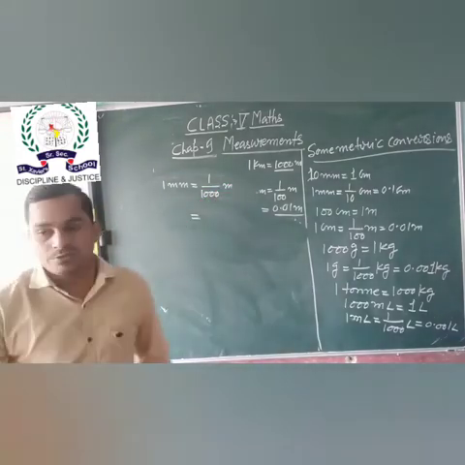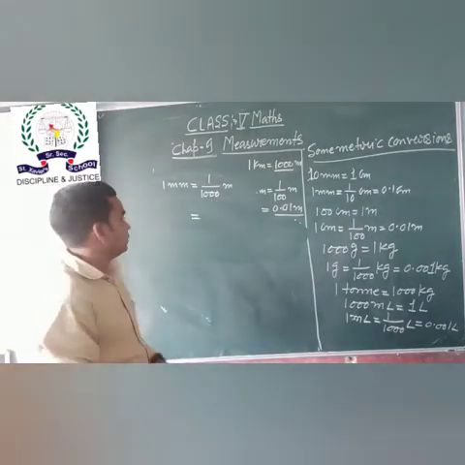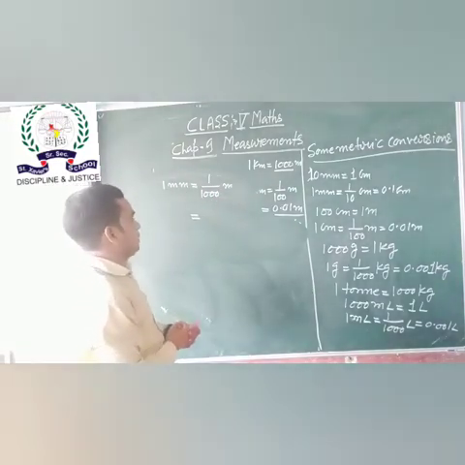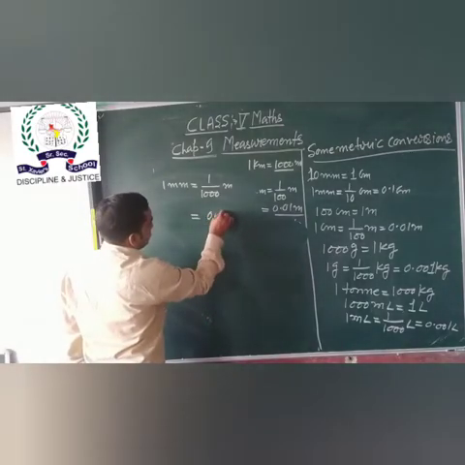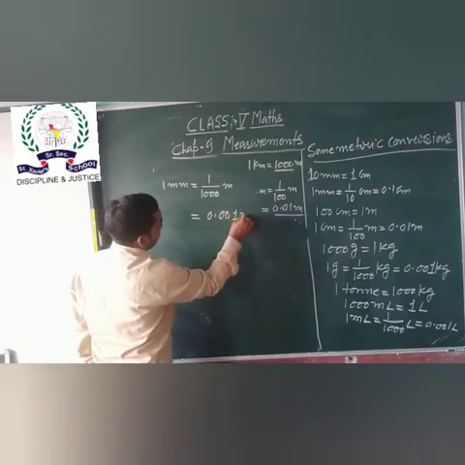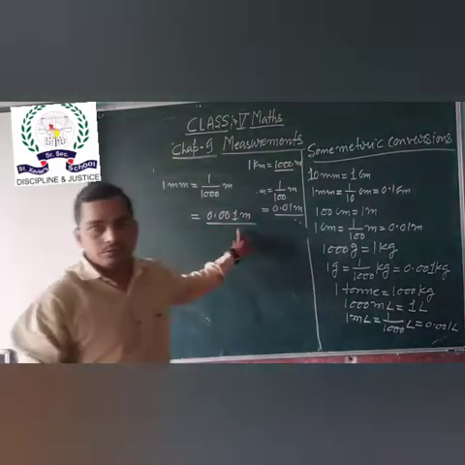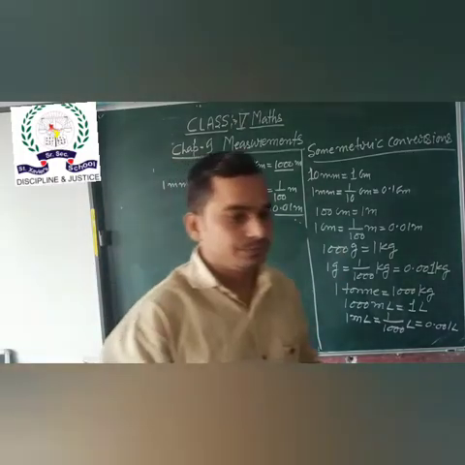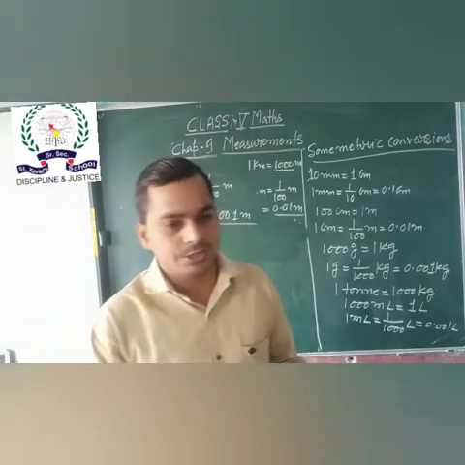When we convert in decimal form, 1 upon 1000, we have 3 zeros. So the decimal is placed after 3 places on the right side. So we have 0.001 meter. So 1 millimeter equal 0.001 meter. Similarly, we have to find out the mass and capacity.